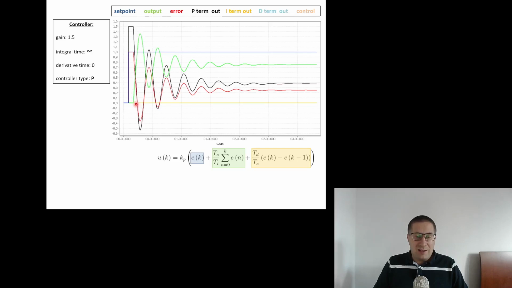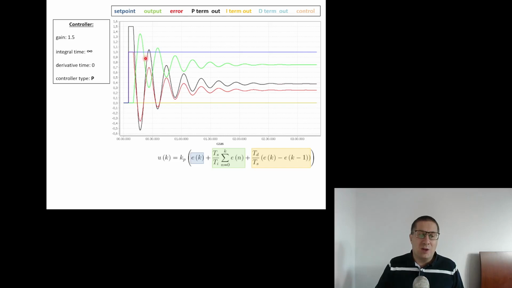After a while, the error is even lower than 0. So the control signal is negative. Now we are saying, whoa, stop, not so fast. We are pressing the brake pedal, right? So after a while, this time is related with transport delay and process inertia, the process output starts to decrease.